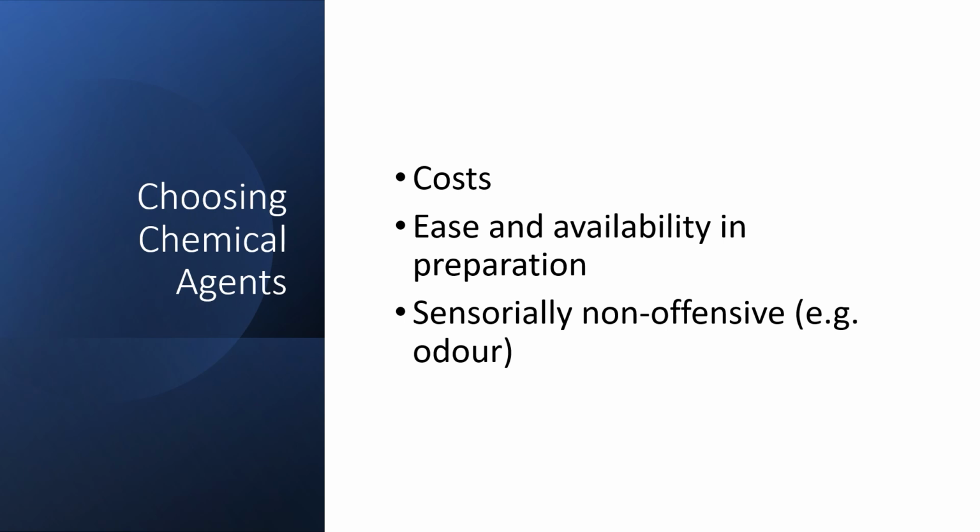Also, other practical factors such as how much it costs, how difficult or easy it is to prepare, and how available are the ingredients if you want to prep the solution in-house. And is it sensorially non-offensive? For instance, does it smell okay to be used consistently? So those are factors for choosing the right chemical agents.